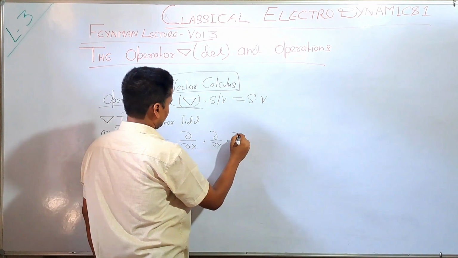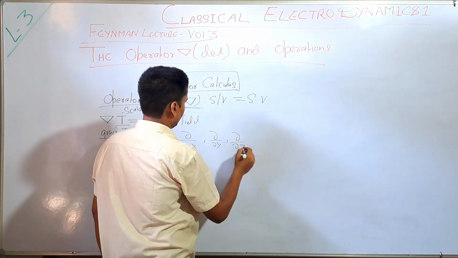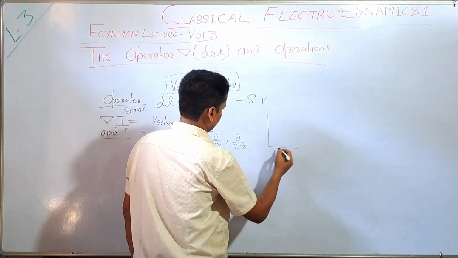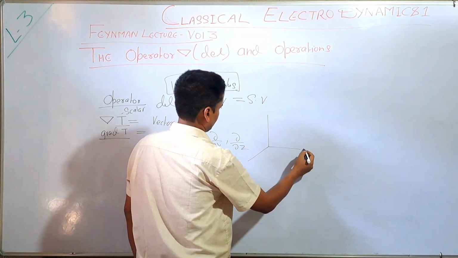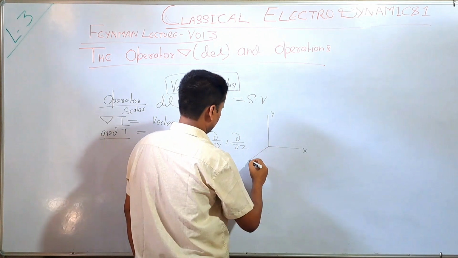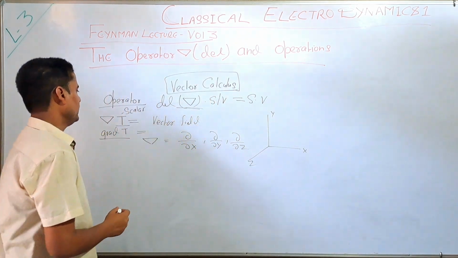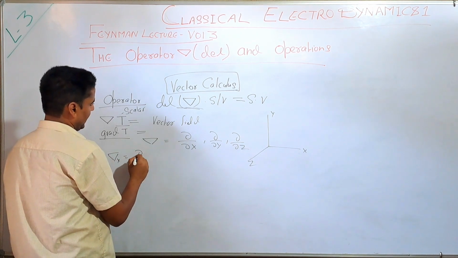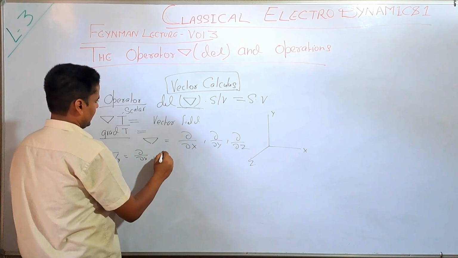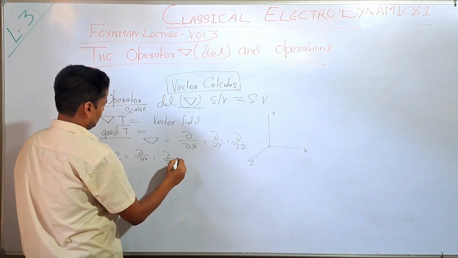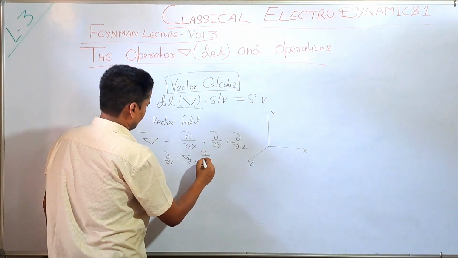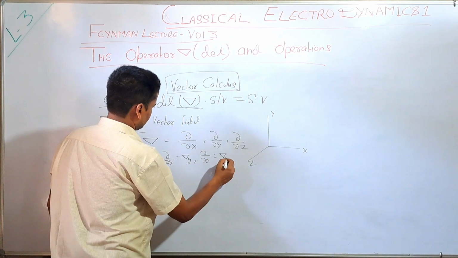And this del operator also has three components, like del by del x, del by del y, del by del z, and it is identical to the three components of the coordinate axes x, y and z. So del x is equal to del by del x, del y is del by del y, and del z is del by del z.